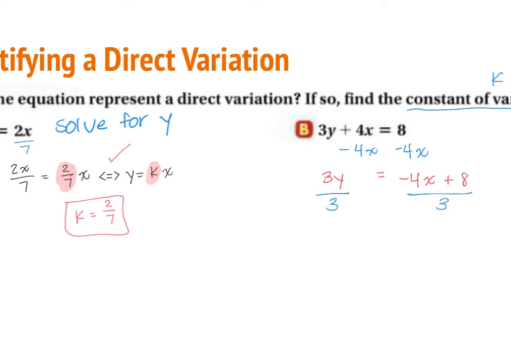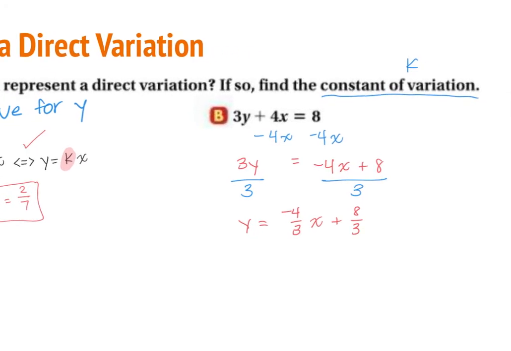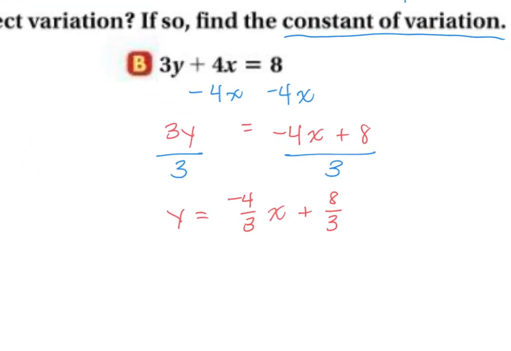And what we're going to get is y equals negative 4 over 3 x plus 8 over 3. We just distribute the 3 to both terms. Guys, is this in the form y equals kx?